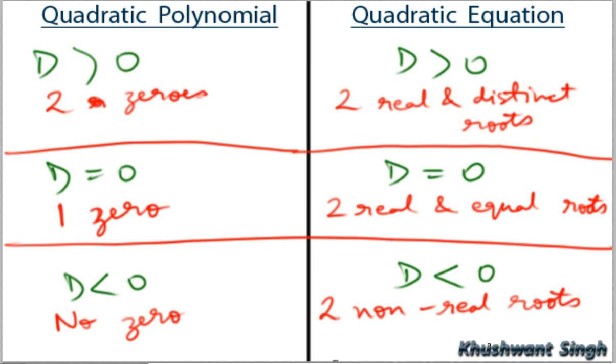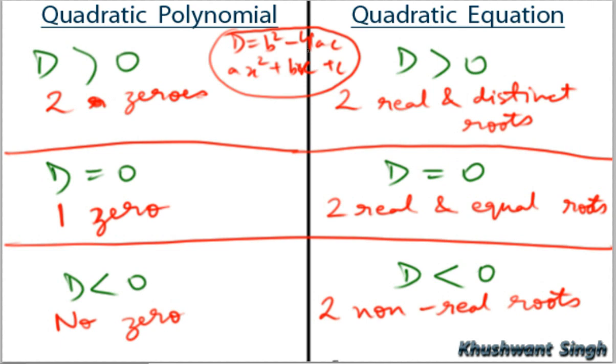Today we have observed that there is some relation between quadratic polynomial and quadratic equation, and that is the discriminant, b square minus 4ac, when ax square plus bx plus c is there.